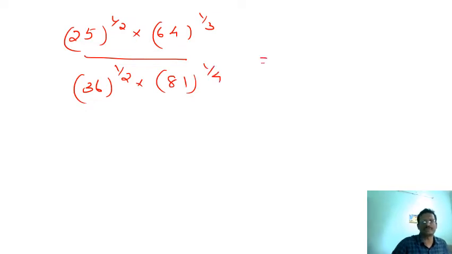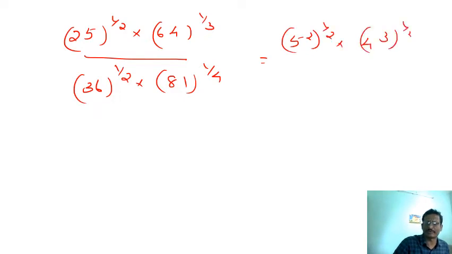So 25 raised to 1 by 2 is actually 5 squared raised to 1 by 2 into 64 you can write as 4 cube raised to 1 by 3 divided by 36 raised to 1 by 2, 36 you can write as 6 squared the whole raised to 1 by 2 into 81 you can write as 3 raised to 4 the whole raised to 1 by 4.